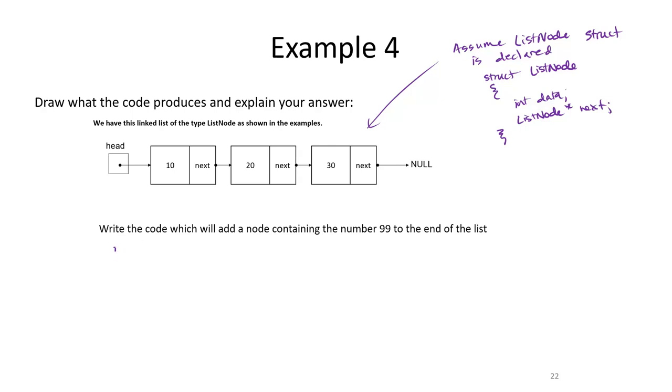The first step we need to do is to create a new node containing 99.